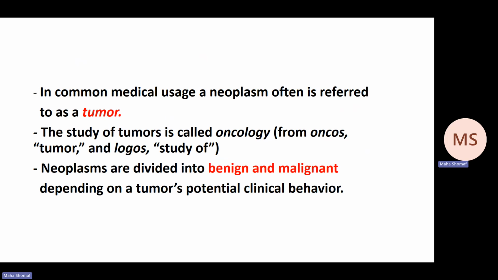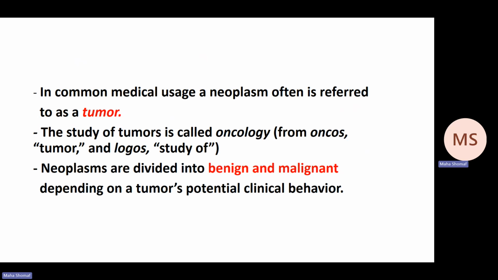In common medical usage, neoplasm is often referred to as a tumor, which is composed of a lump of cells. The study of tumors is called oncology, from onkos, or tumor, and logos, study of a tumor.